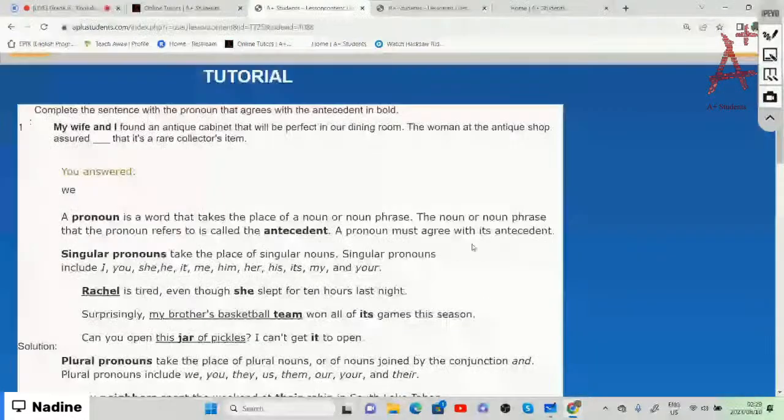All right, so now we're going to complete the sentence with a pronoun that agrees with the antecedent in bold. So my wife and I is the antecedent in bold. We need to either underline or circle the pronoun, right? So my wife and I found an antique cabinet that will be perfect in our dining room.